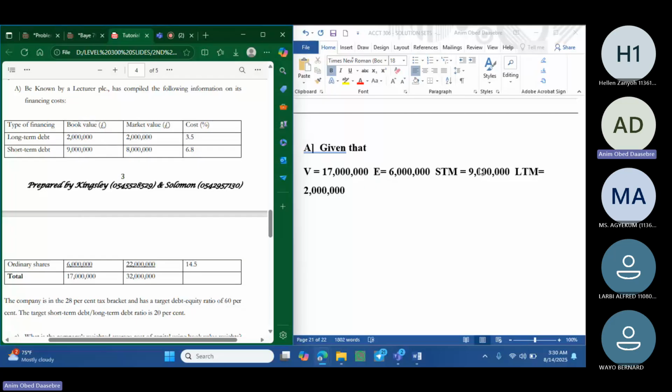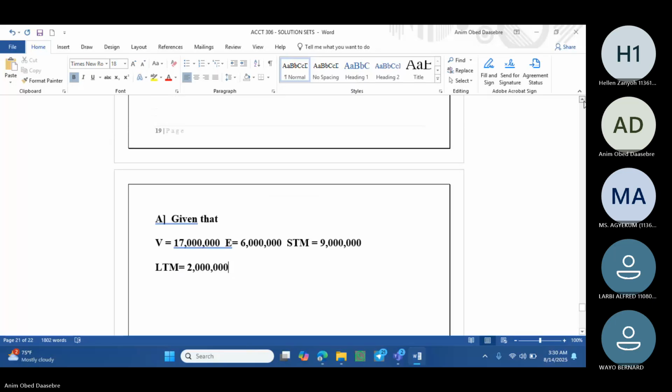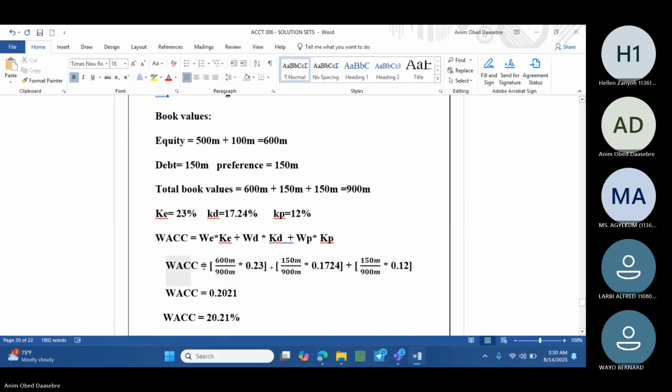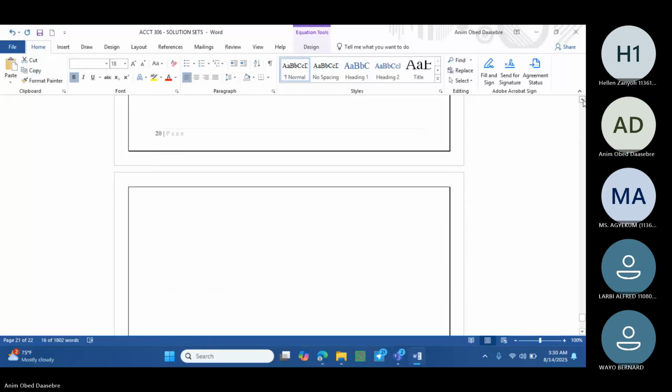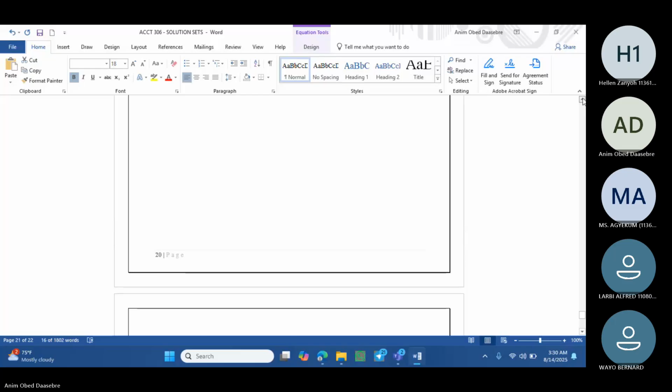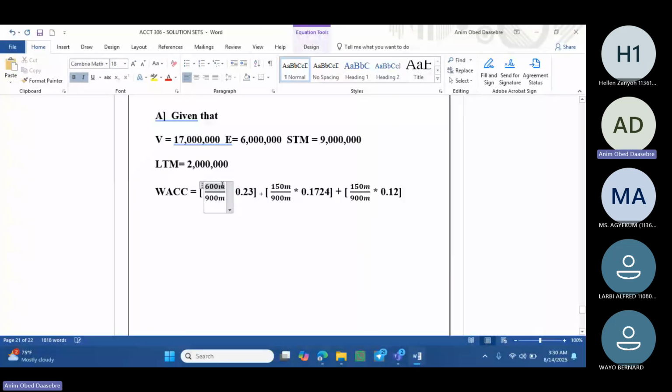So these are the information we need. Our WACC says that we should find the weight of each source, then multiply by their respective cost.